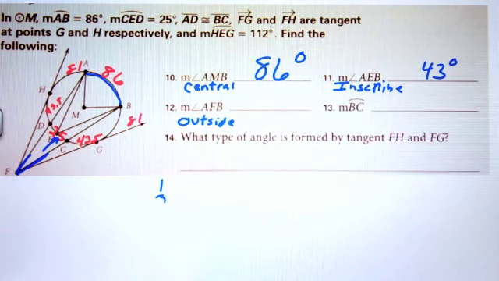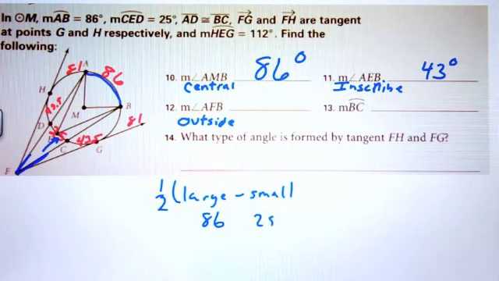So 1/2 the large minus the small. Well, the large is our 86. The small is our 25. And if I take half of that, I get my answer. Well, 86 minus 25 is 61. And if I take half of 61, I get 30.5.